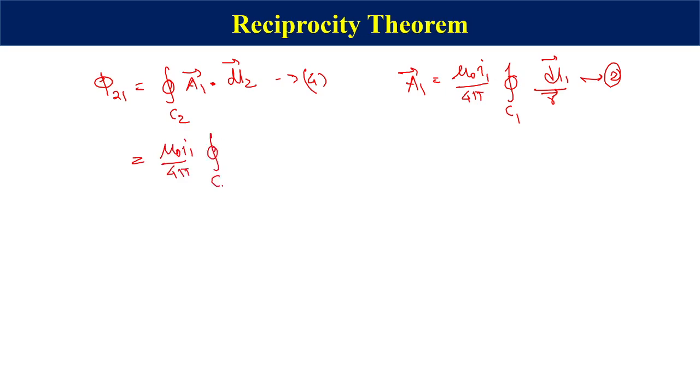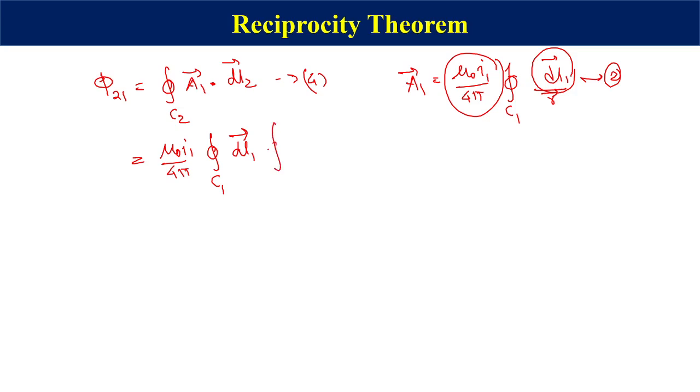This factor I have written as a constant quantity. Then you have dl1 taken in an integral over C1.